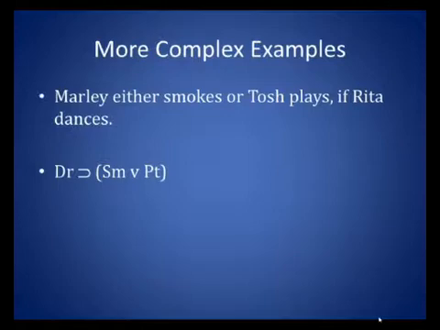So although our original statement says Marley smokes or Tosh plays if Rita dances, it's logically translated as if Rita dances, then Marley either smokes or Tosh plays. And that's really what's being said in the original sentence anyway. It's just turned around. Okay? So again, remember when you see the word if, whatever's following it is going to be the antecedent, with the exception of the case of the words only if. We've talked about this before, I hope. You should have learned it when you were doing propositional, but if we have an only if, then that means it stays as a consequent.